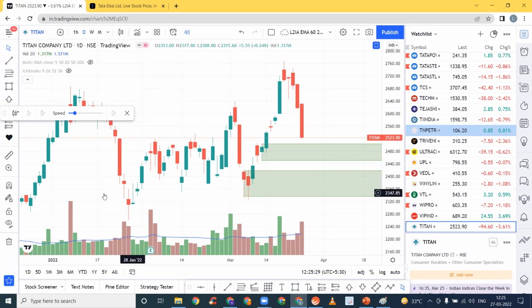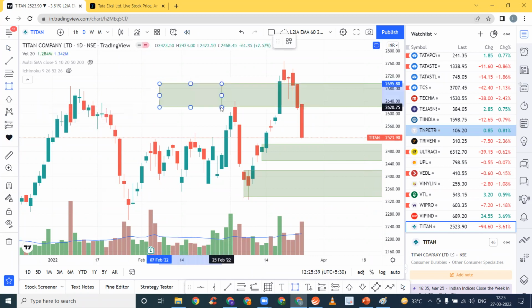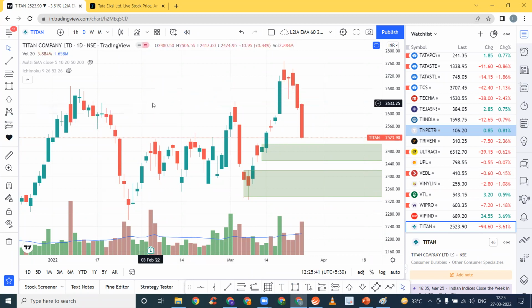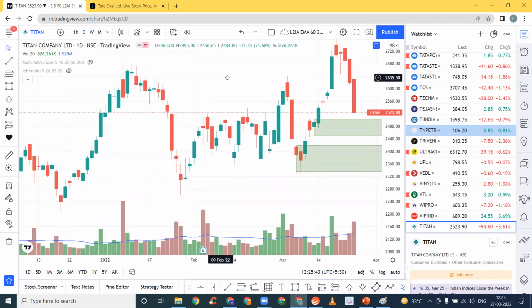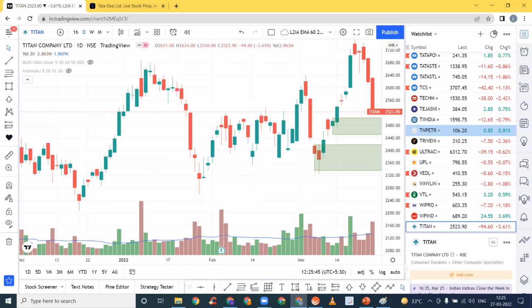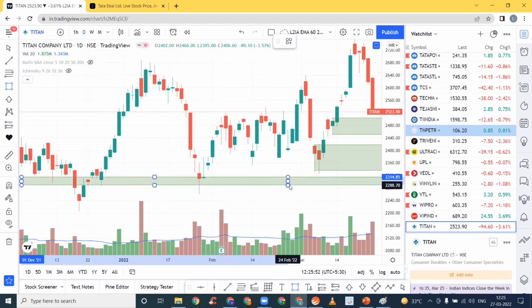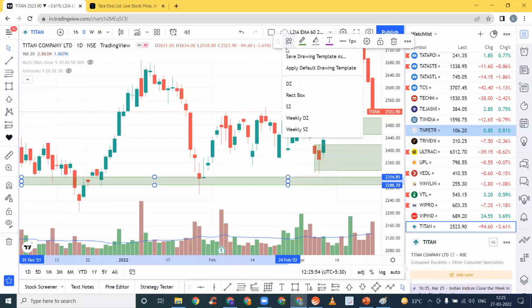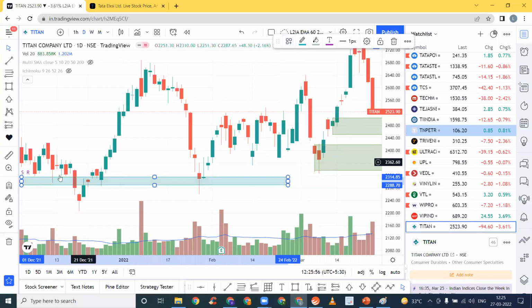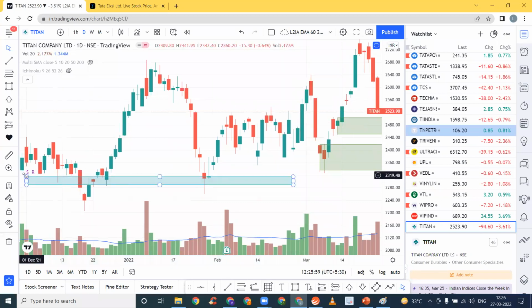So you can see here there is a lower support level. If I plot the support area, there is a support area here. So this is my support. It is going to take support at this level.